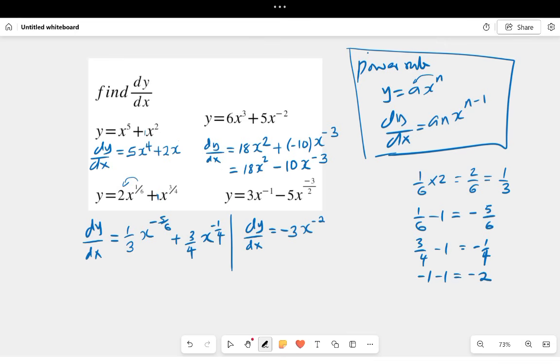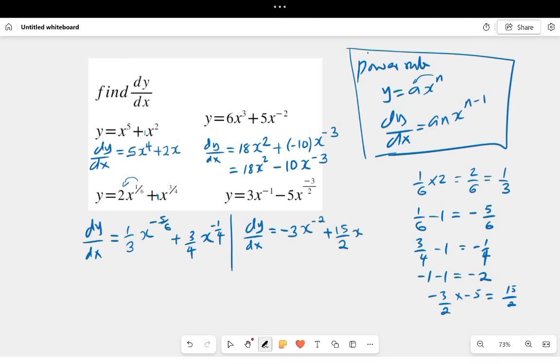All right, so minus negative 3 over 2 times negative 5. So negative 3 over 2 times negative 5, the answer is going to be 15 over 2. So this is going to be 15 over 2, all right, x.